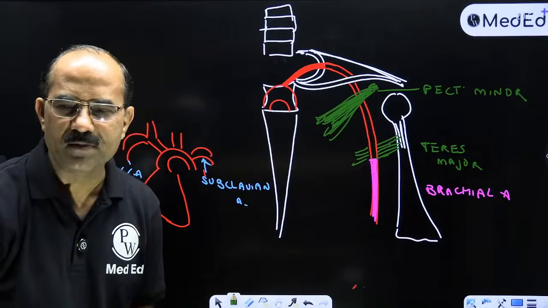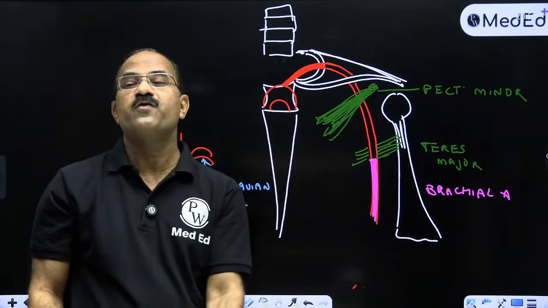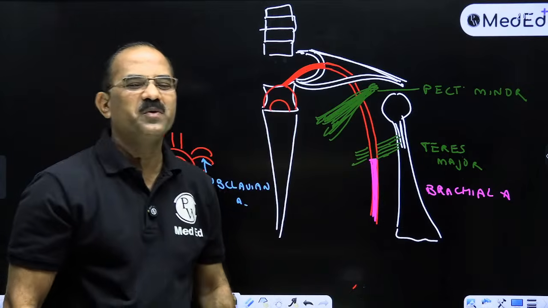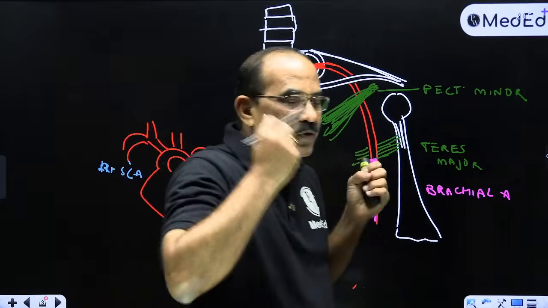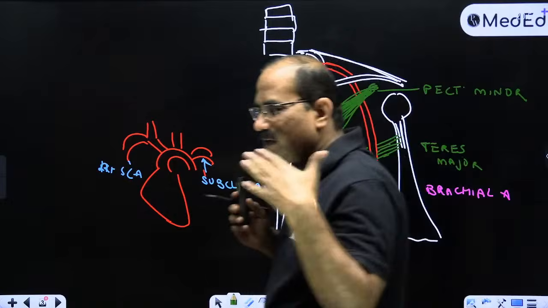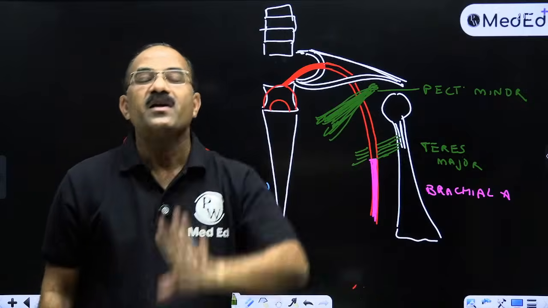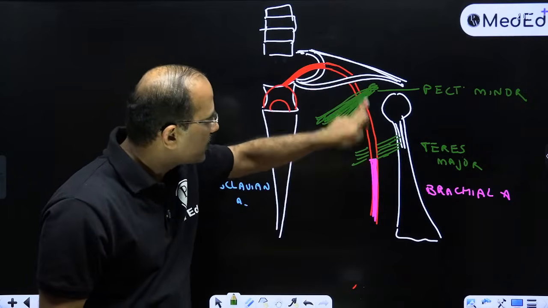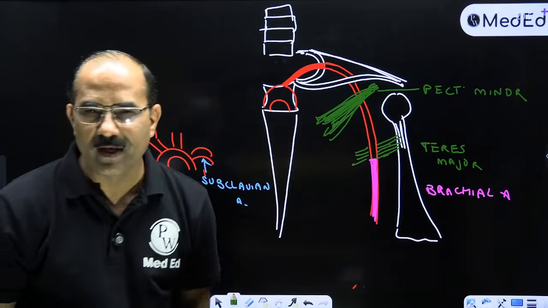That's a pectoralis minor. अब बच्चों बोल सकते हो, what is the relation of the pectoralis minor with the axillary artery? बोलो. मतलब ना pectoralis minor आगे है and the axillary artery is going behind the pectoralis minor. Axillary artery pectoralis minor के पीछे से जाती है. It goes behind the pectoralis minor. In other words, this pectoralis minor divides the axillary artery into 3 parts. समझ में आ रही है?